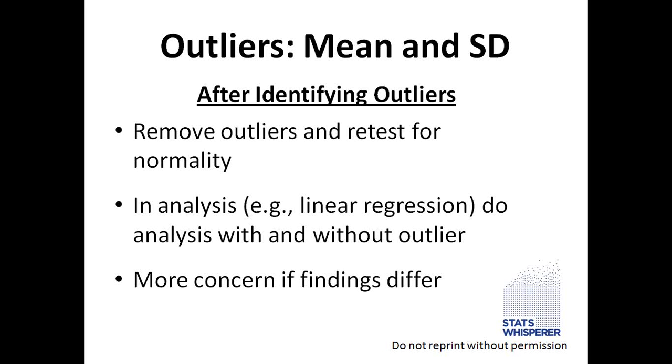There's more concern if the findings are different. That means if it's statistically significant with or without the outliers, then you should probably leave them out, because the outliers are affecting the findings.